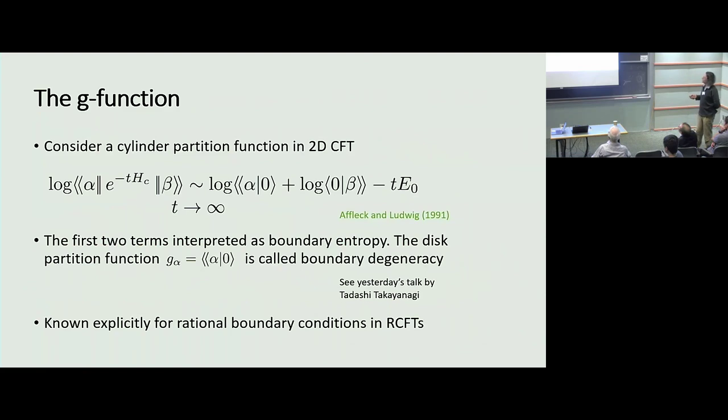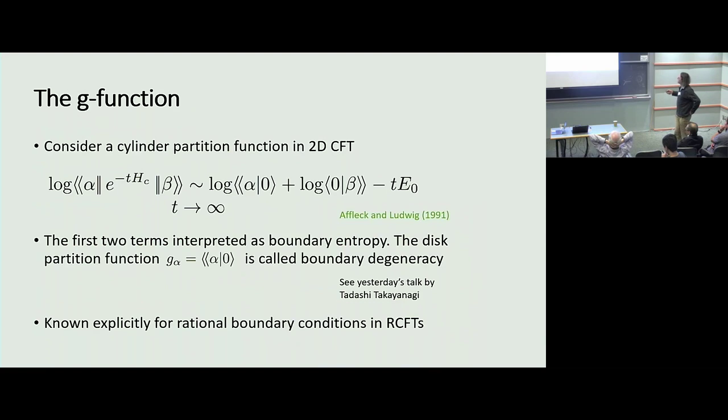But it suffices to say that if we consider a cylinder amplitude on a long cylinder with length T, and at the endpoints of the cylinder we put some boundary conditions, alpha and beta, described by some boundary states, and we take the logarithm of that for large T, then asymptotically it behaves as some universal piece dependent on the ground state of the bulk CFT, and then there are two finite pieces that don't vanish in the T going to infinity limit, given by the so-called boundary entropy.